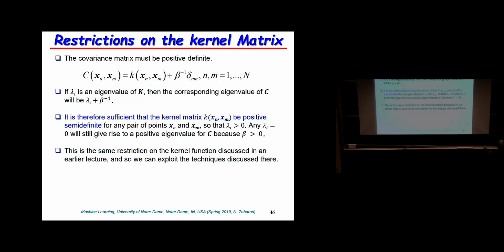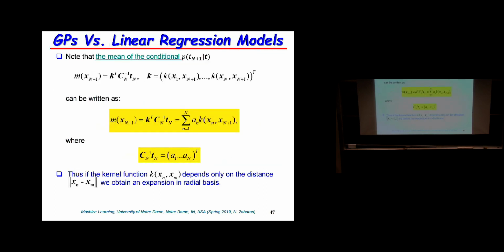So in essence, even if this thing here is singular and you cannot invert it, when you add this small noise on the diagonal, the whole thing becomes invertible. The idea here is, even if you don't have beta, add a little bit of beta there as a way to stabilize and allow yourself to do the inversion of this covariance matrix C.